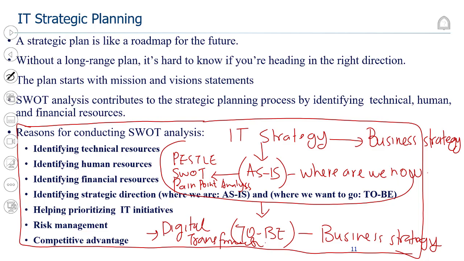No. The business has to decide they want to go digital or have an online presence. Then IT will help them get digital by implementing digital technologies, because that is our specialization. But whether we want to go digital has to be the need of the business.